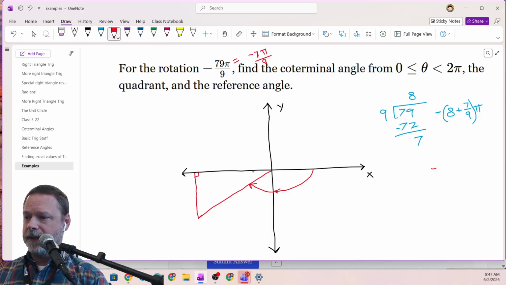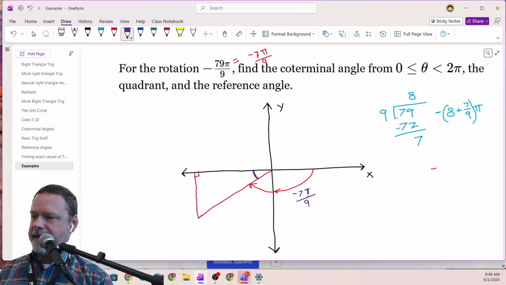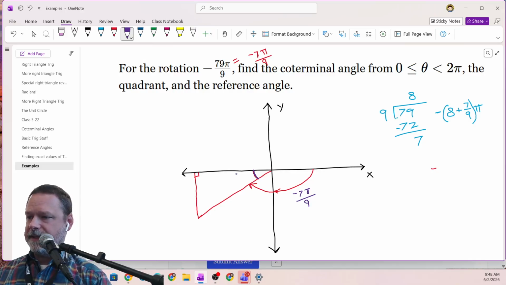What I know about this angle is, since this is negative 7 pi over 9, excuse the awful handwriting, my reference angle right here is 2 pi over 9.